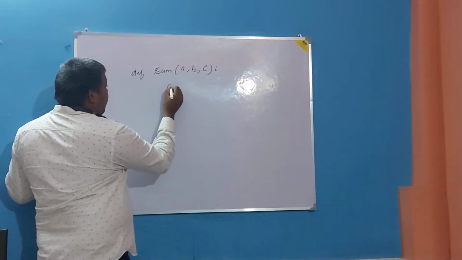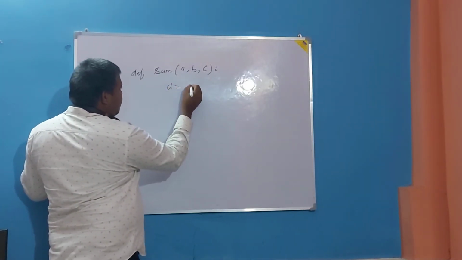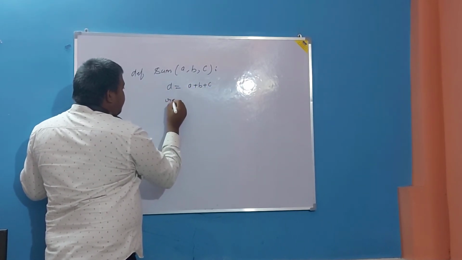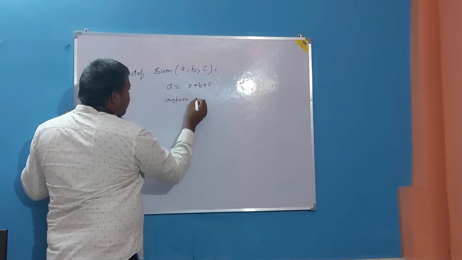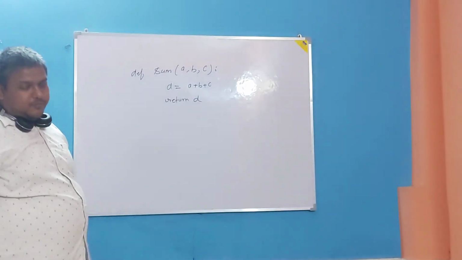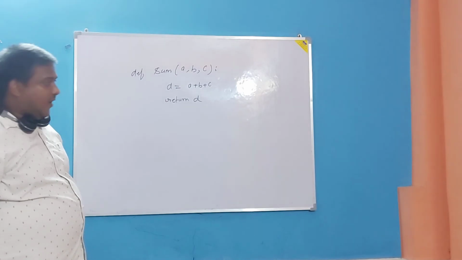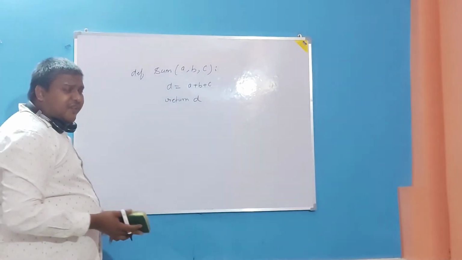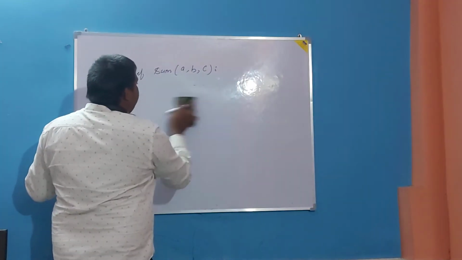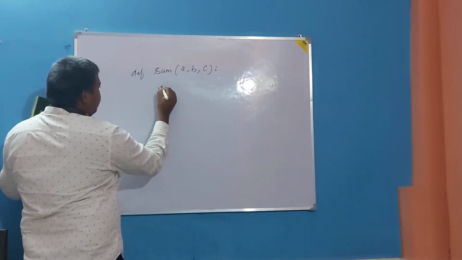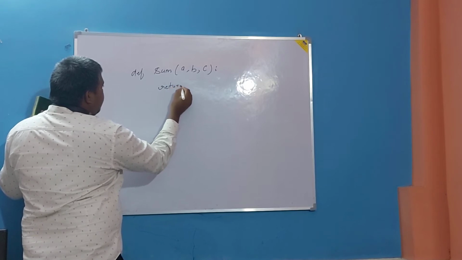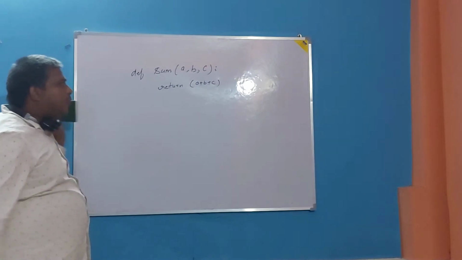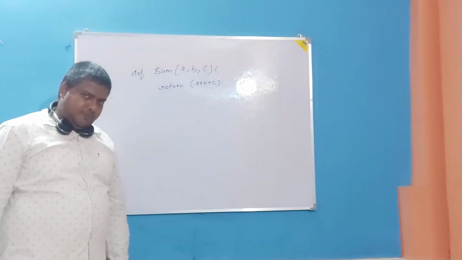Either you may create a third variable d is equal to a plus b plus c, and then you may write here return d. Clear? Now what is the other way? In one line, directly you may write here return, in brackets, a plus b plus c. Both ways you can return the value. Clear?